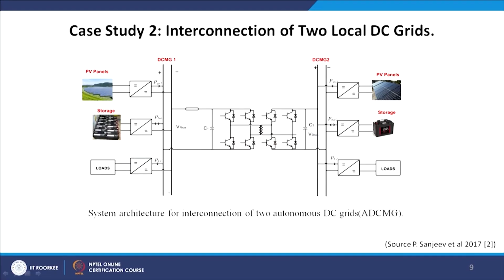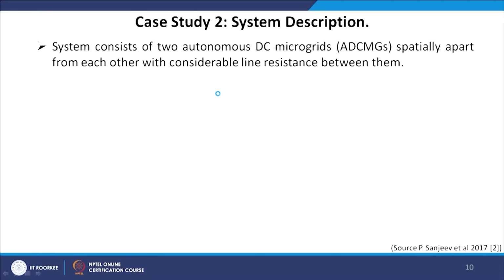This is DC microgrid 1 and this is my DC microgrid 2, and the two are interconnected. The system consists of two autonomous DC microgrids spatially apart from each other with considerable line resistance between them, meaning we have two DC microgrids separated by a reasonable cable length.